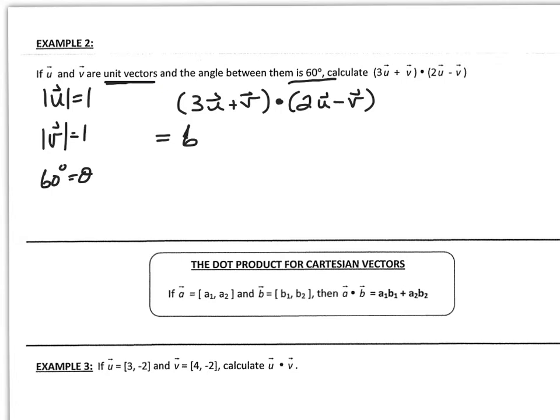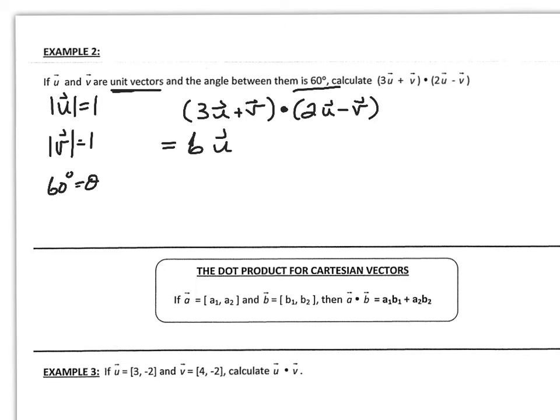Okay, and then once we have the 6, we can't square that like that. Okay, that doesn't happen with this. What you're doing is the dot product of the two. So what you would have is u dotted with u. Okay, and then we can move on and we'll do negative 3u dotted with v.